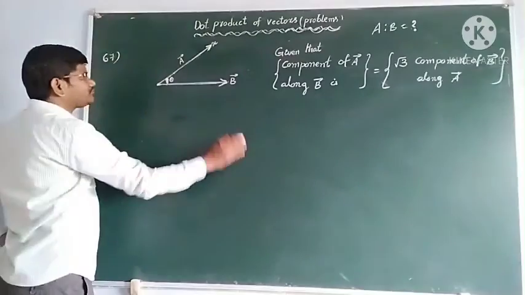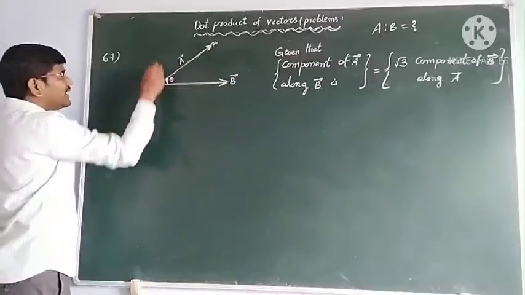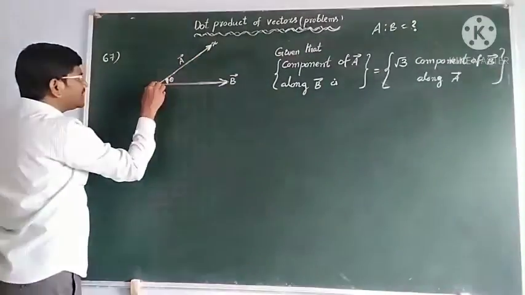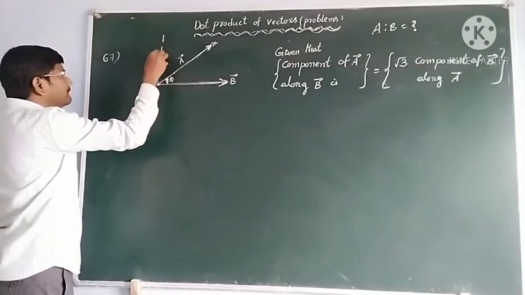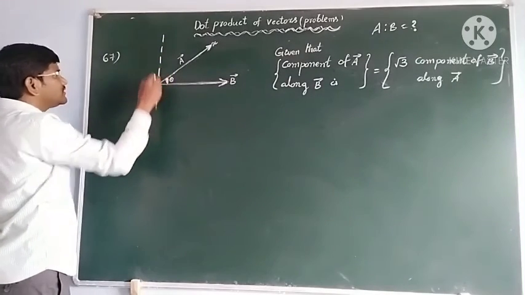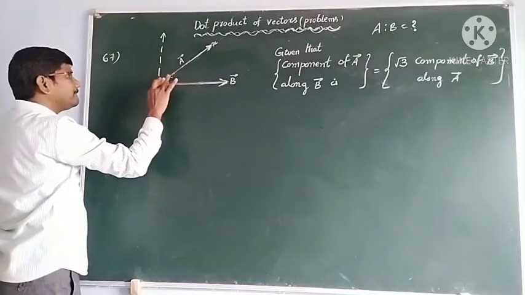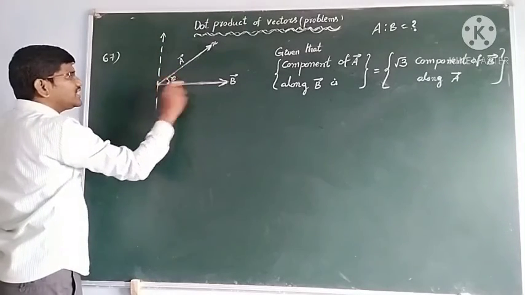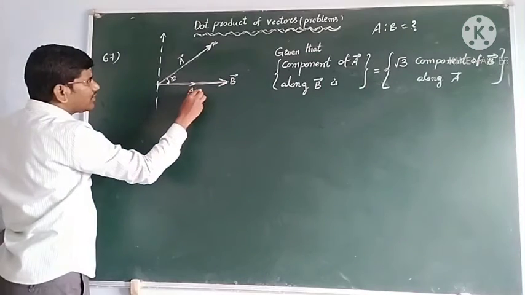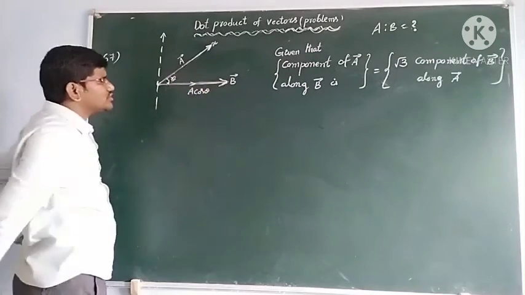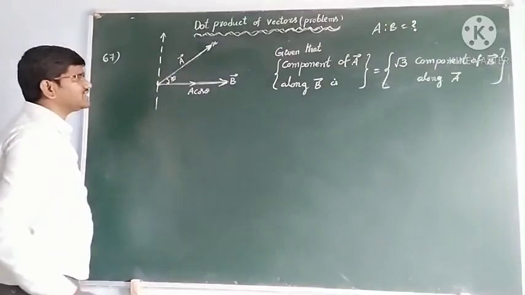Now I am taking this A bar in a plane like this. So this A bar is making theta angle with B bar, so its component this side I am writing a cos theta. This side you will get a sin theta.